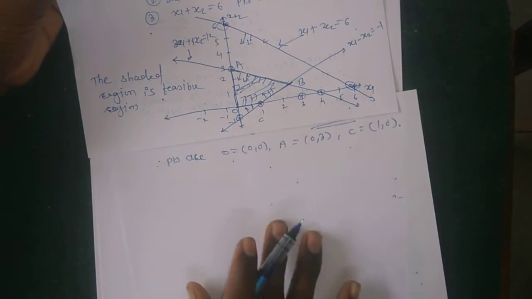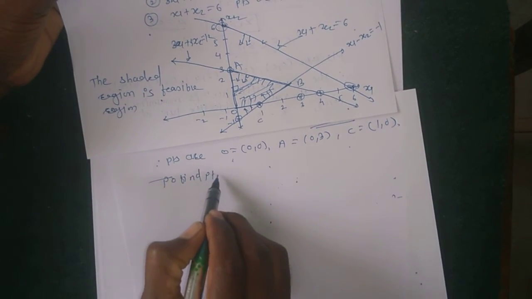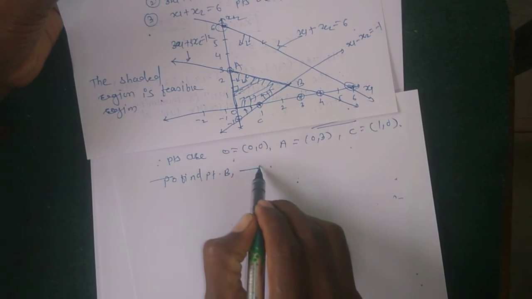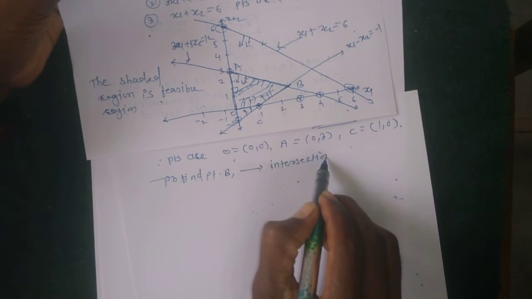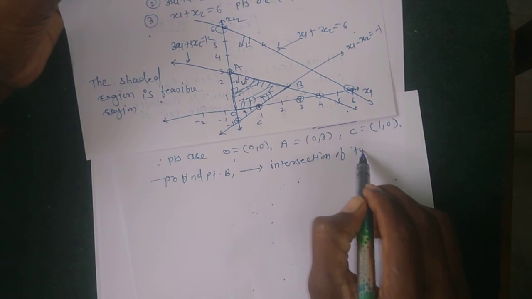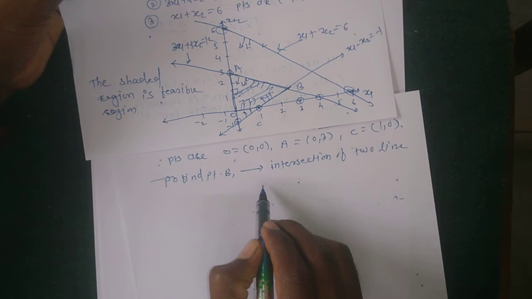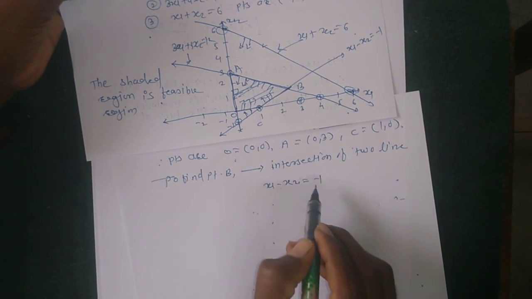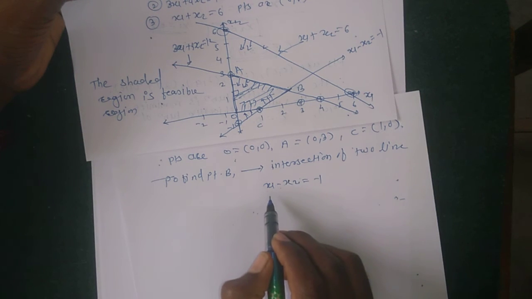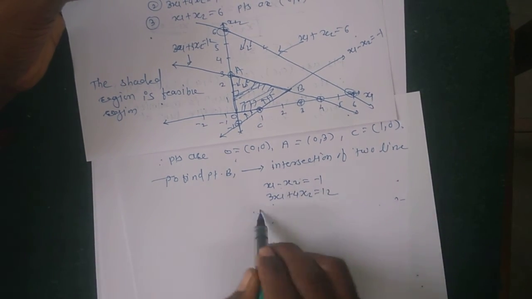To find point B, it is the intersection of x1 minus x2 equal to minus 1 and 3x1 plus 4x2 equal to 12.